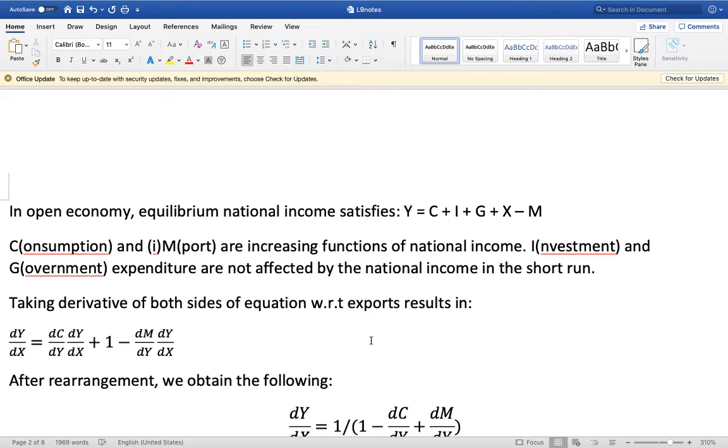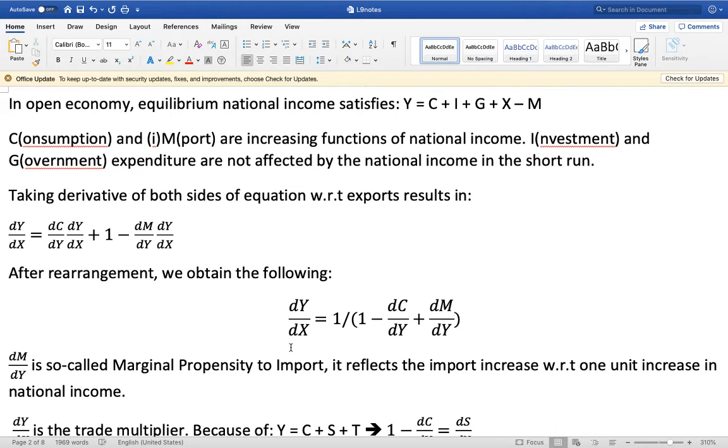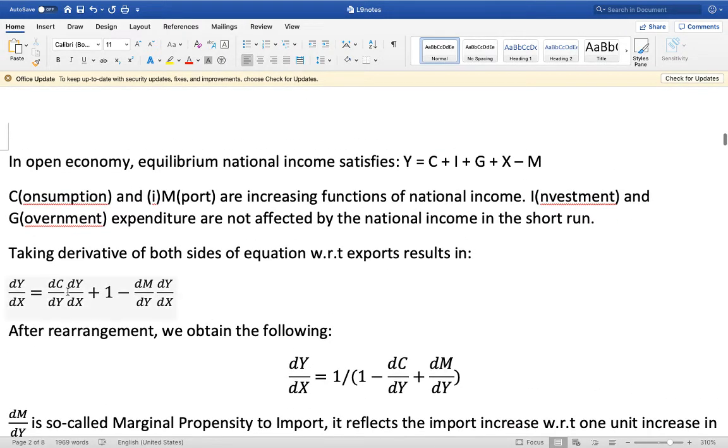And therefore this formula arises, where the remaining parts are C and M, because the consumption and the imports are functions of the national income, and the national income is a function of the exports. So by the chain rule, we can arrive at this formula here.